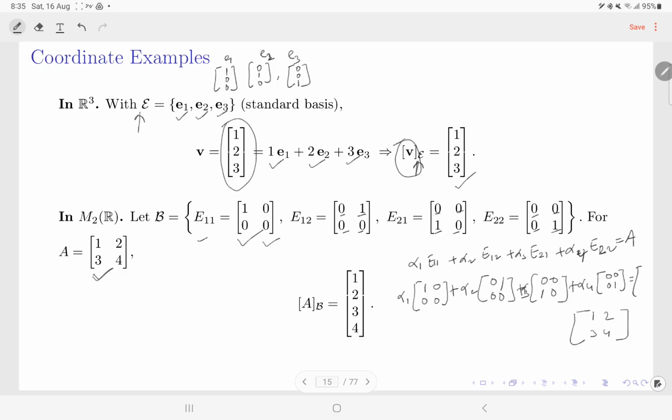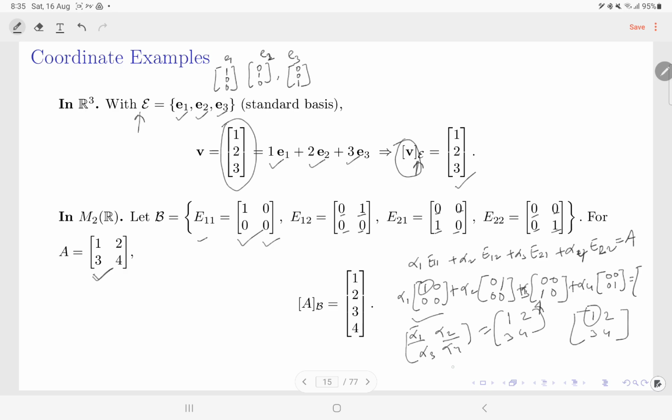Now if you add all these matrices, you get alpha 1, alpha 2, alpha 3 and alpha 4 equal to 1 2 3 4.